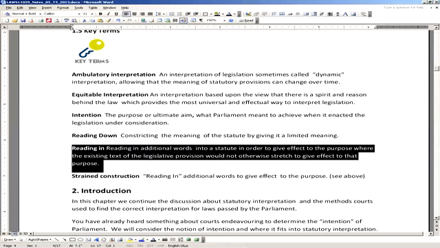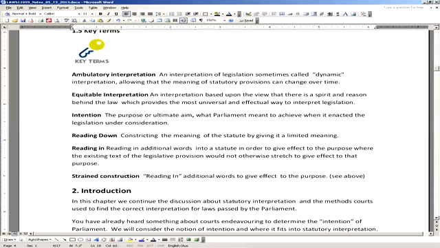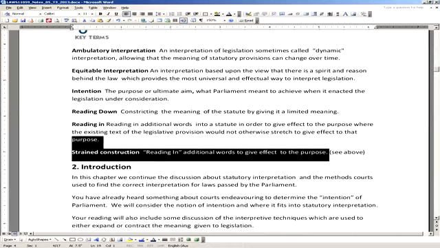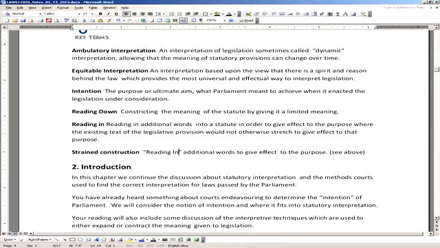They've stretched the words of the Constitution and the meaning to give effect to what they viewed as being the underlying purpose of the drafters. To strain the legislation is to do what we were just talking about, that is to read it in, but to read it in a way to give effect to something which isn't necessarily expressly stated in the statute.